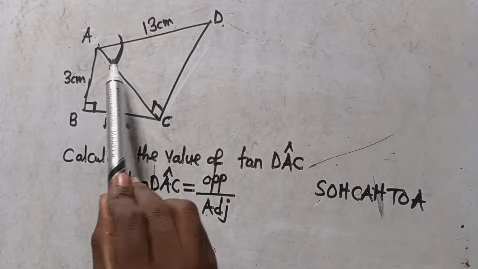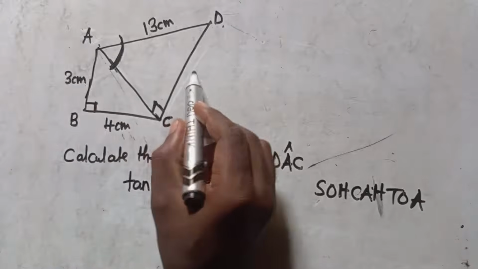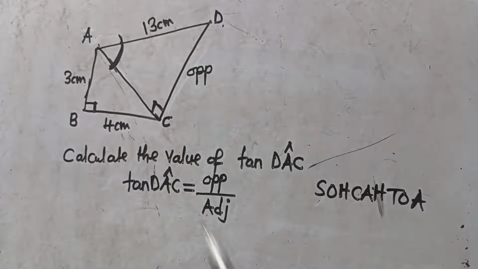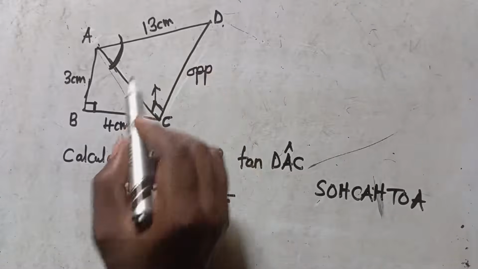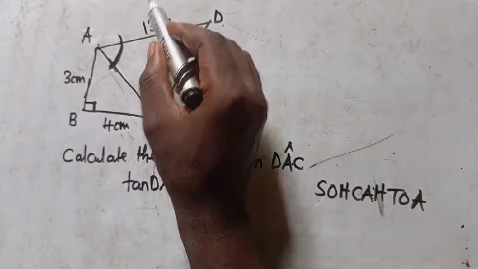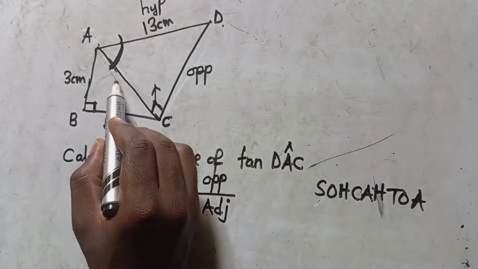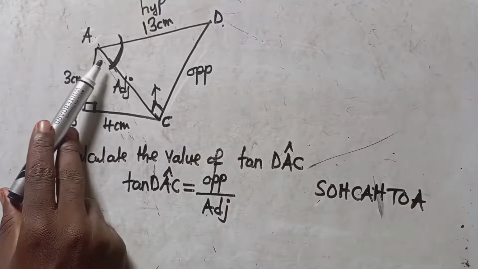The angle that is given is facing this side. This is the opposite. Where this thing is pointing, that is the hypotenuse. And this other one, this is adjacent according to the angle.